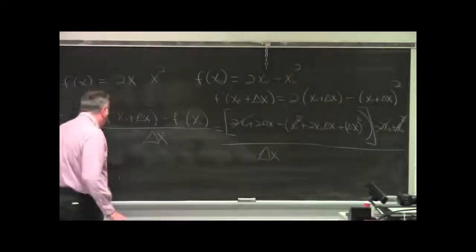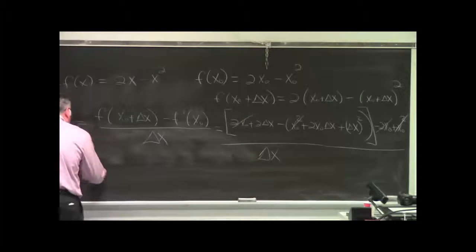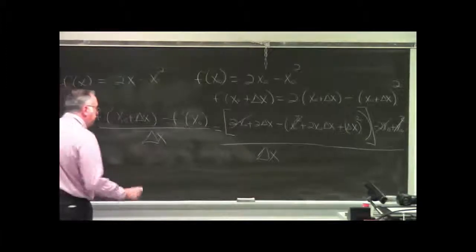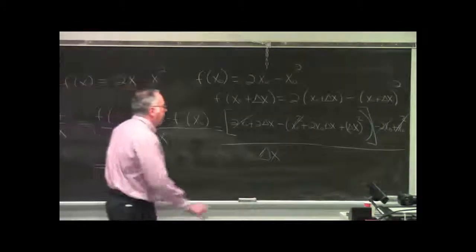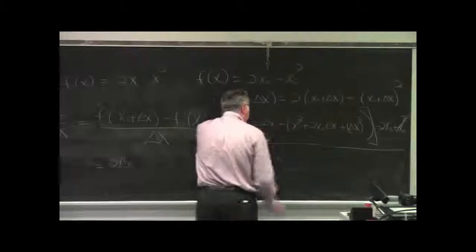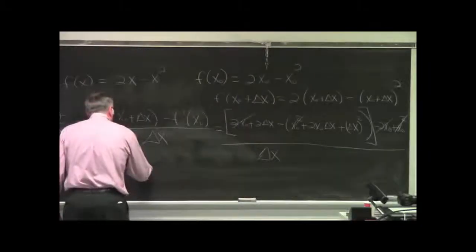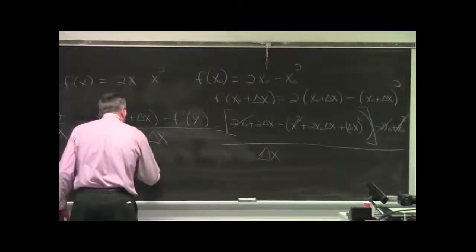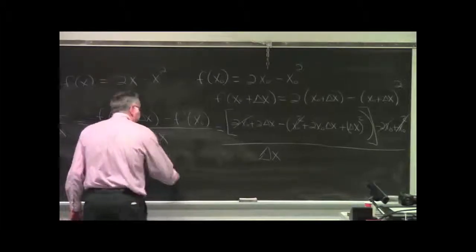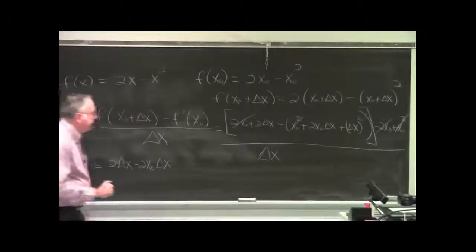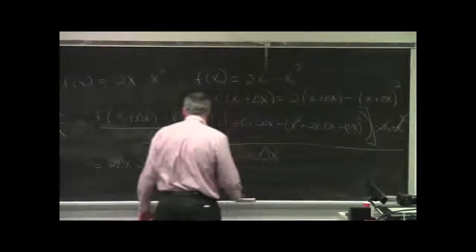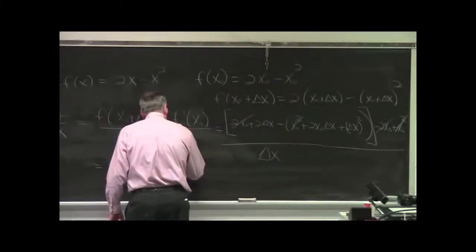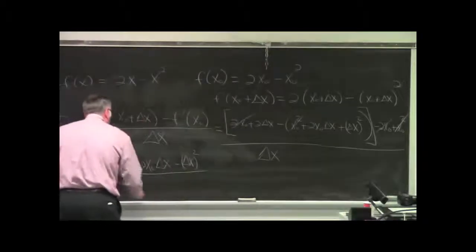And that leaves us with our numerator simplifying to 2 delta x minus 2x0 delta x minus delta x squared, and that's all divided by delta x.